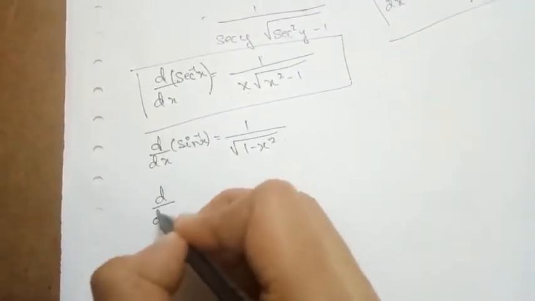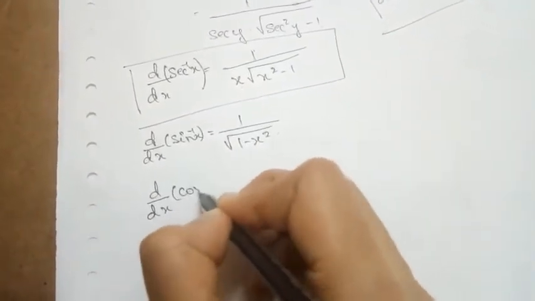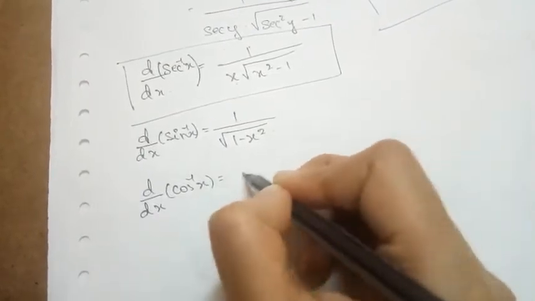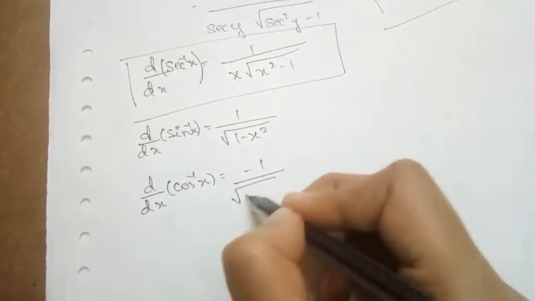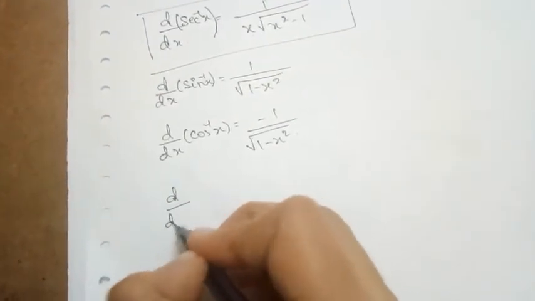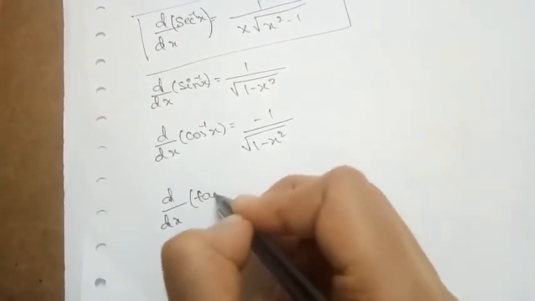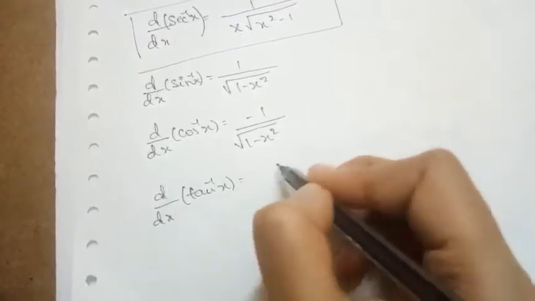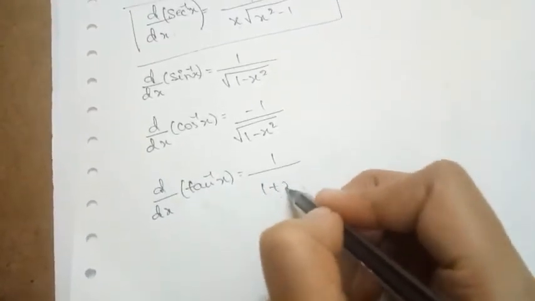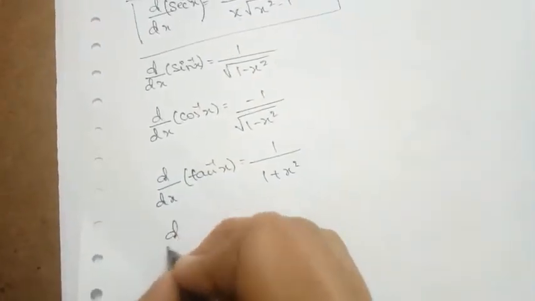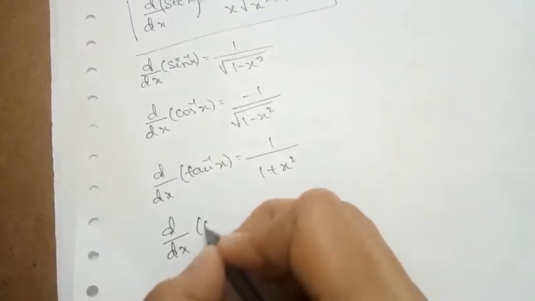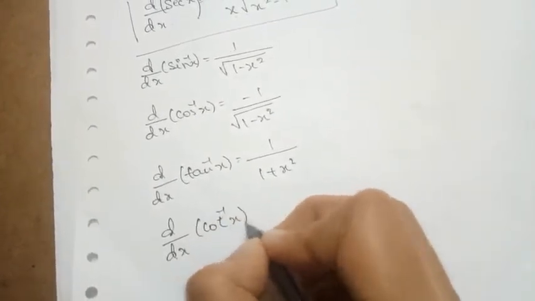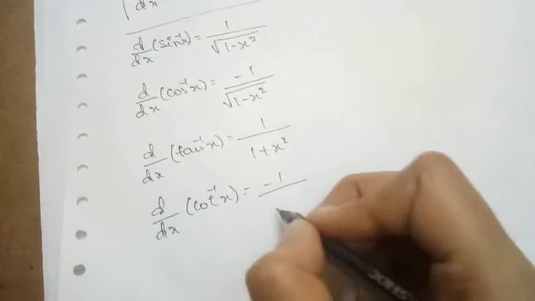The derivative of cos inverse of x is minus 1 divided by the square root of 1 minus x square. The derivative of tan inverse of x is 1 divided by 1 plus x square, and of cot inverse of x is minus 1 divided by 1 plus x square.